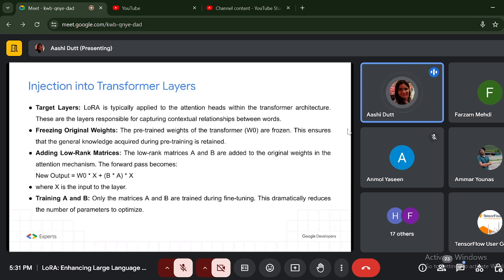Then what is injection? So we talked about injection and how injection is actually done. What does injection into transformer layers actually mean? Because as I told you initially, there is a transformer layer that acts as a backbone for this whole LLM model, right? So how does this layer actually work?